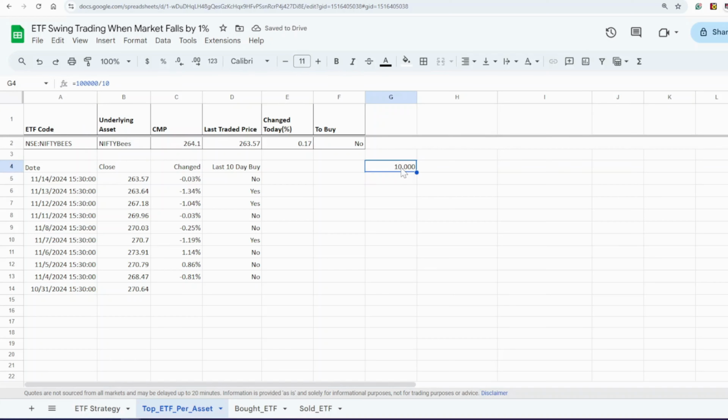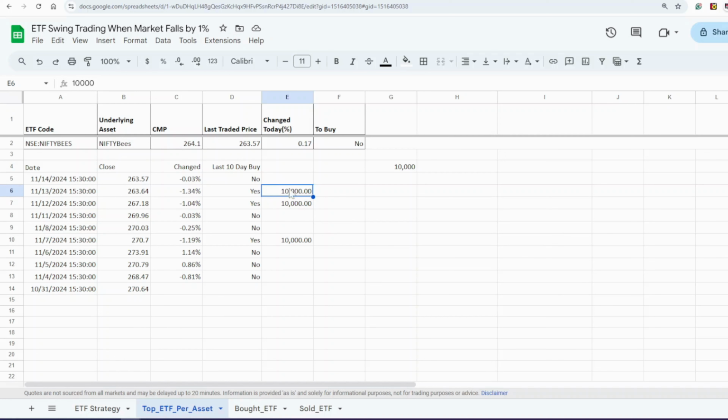So you can invest 10,000 on 13th November, 10,000 on 12th November, and 10,000 on 7th November. Say you started this strategy in November 2024: the first time you buy for 10,000 on 7th November, then 10,000 on 12th November, and then 10,000 on 13th November.